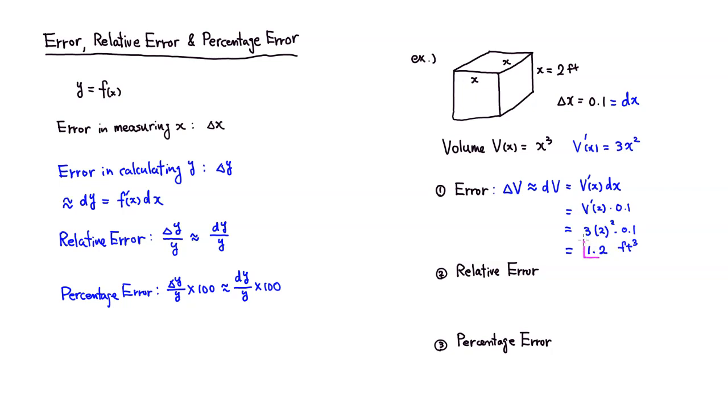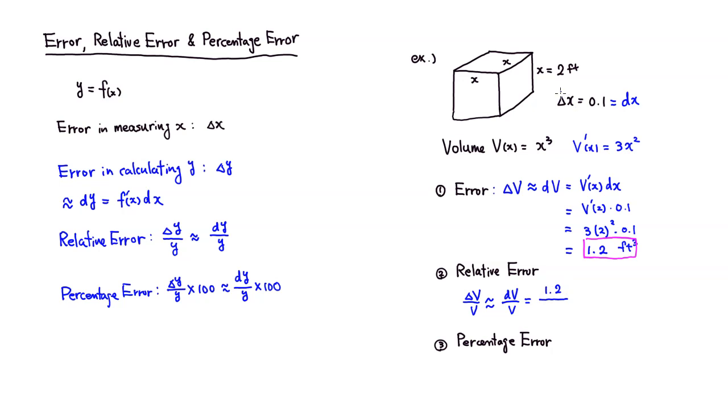And if you want to find the relative error, which is delta V over V, we can approximate it by dV over V. We have dV already found, so we put in the 1.2.